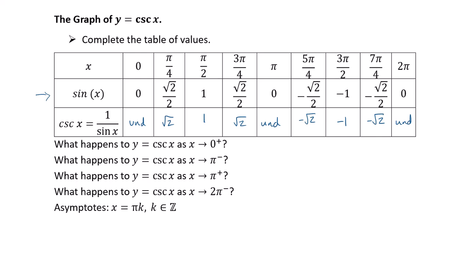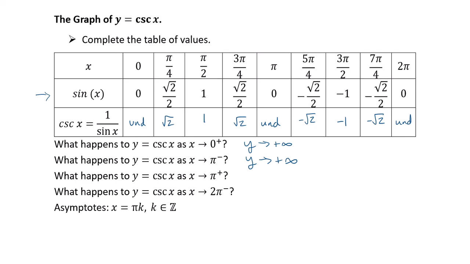So what happens here to y equals cosecant of x as x approaches 0 from the right hand side? We can see here that y is approaching positive infinity. As it's approaching pi from the left hand side, y is again approaching positive infinity.